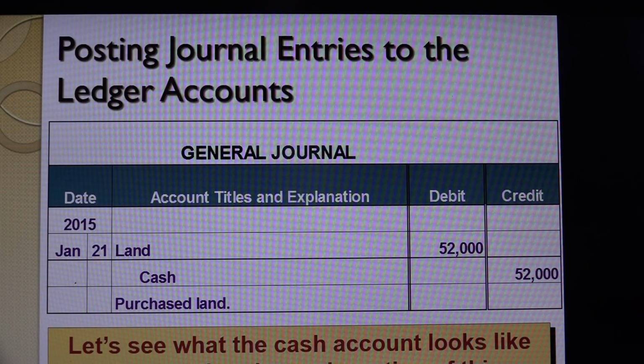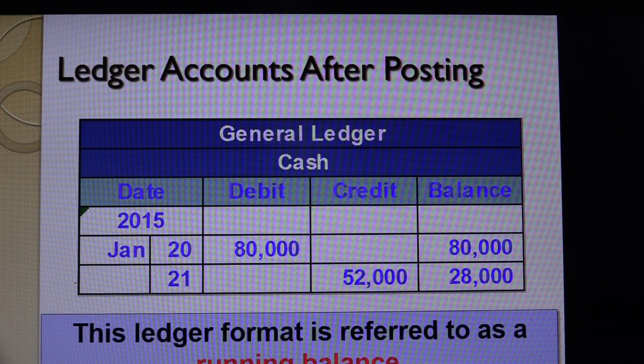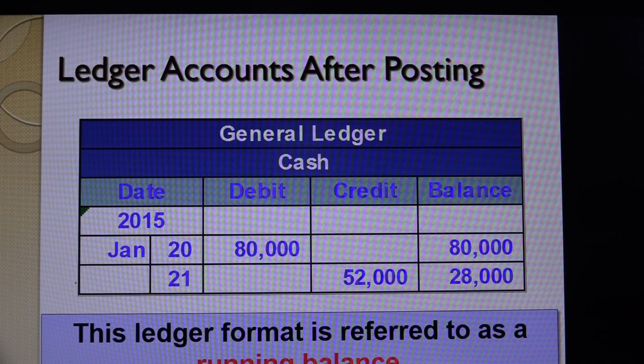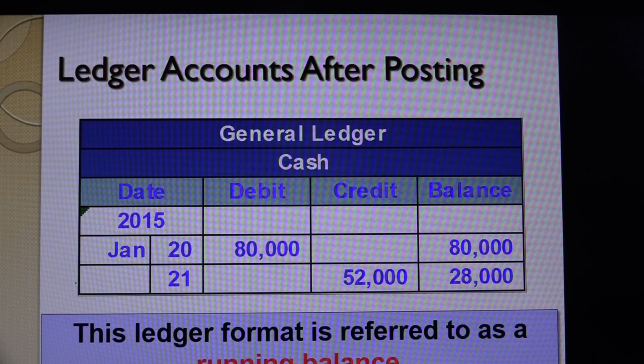Now here they're just going through and reviewing some of the transactions that have already occurred. So at the end of the second transaction, your cash has been reduced to $28,000. And so, you know, on January 21st of 2015, someone could come into the general ledger cash account and find out what the balance is.